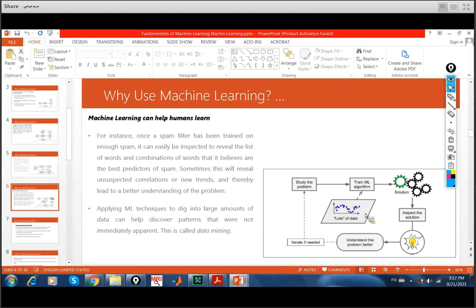For example, if the data are related to spam email and the machine learning algorithm extracts the spam emails, after the evaluation we can see the result and learn from it. Then the machine learning algorithm can help us learn about the problem.